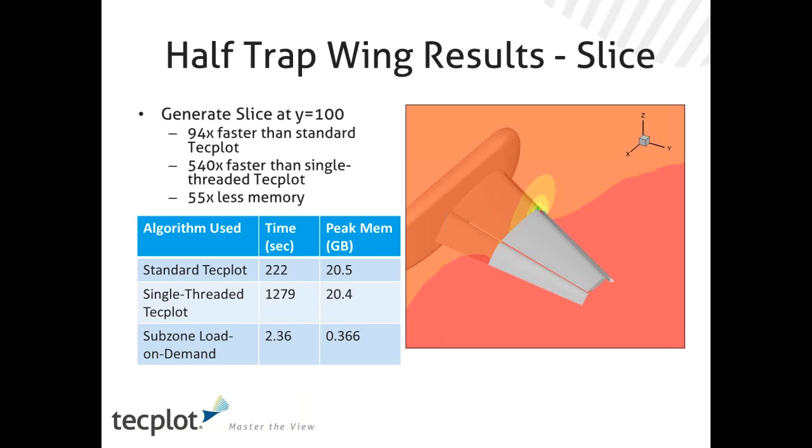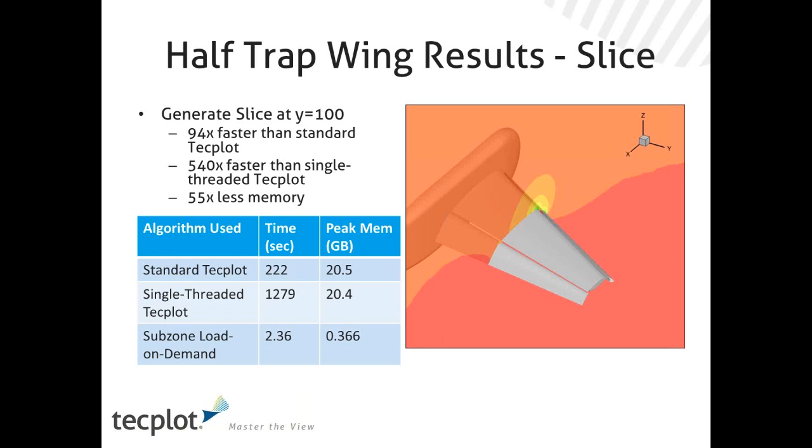There was a lot of data in that isosurface. I think it was in the 10 million cells or 10 million triangles. So the standard Tecplot in this case is 222 seconds, and the subzone load on demand is 2.3 seconds, so it's 55 times faster.